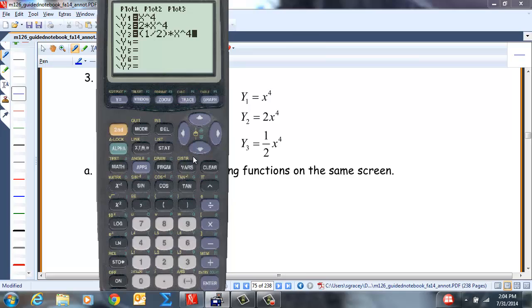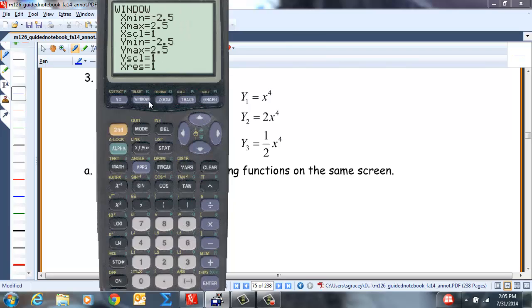So let's check it out. That's the original graph. Okay, so they all look pretty close in. Let's try zooming in and see what that gets us. First graph, second graph, third graph.